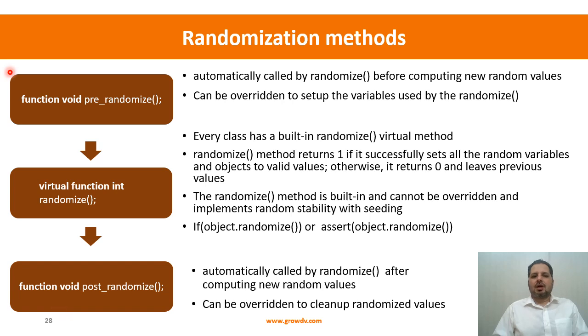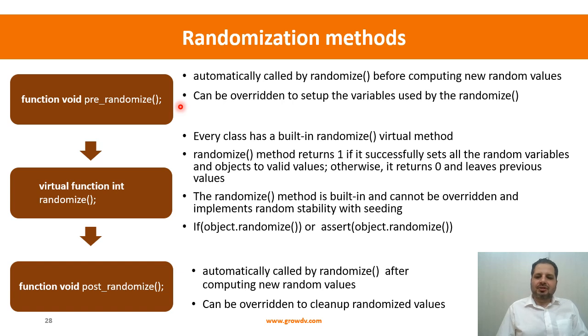First, there is a built-in function called pre-randomize that gets called in every class, and it can be extended, and you can add whatever user defined functionality within this method. So it's a predefined method. You can say function void pre-randomize. Think of it like a virtual function that's already available, and you can fill in whatever additional functionality you want to happen before a particular object gets randomized.